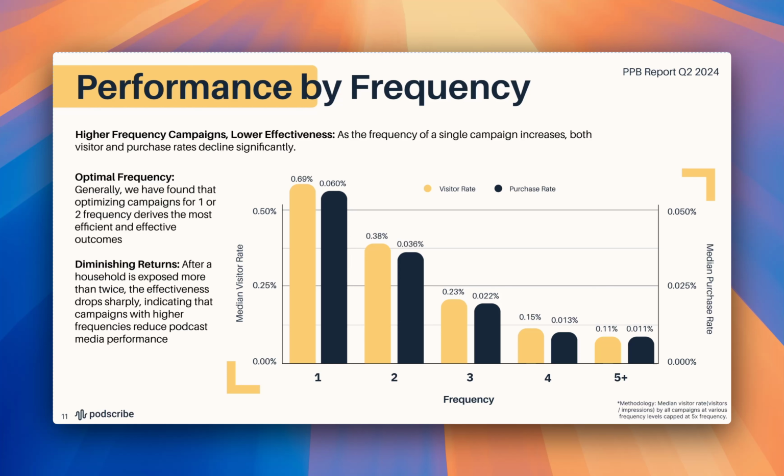You go from a 1 to a 2 frequency for a given campaign, and the results start dropping by almost 50% when you go from 1 to 2, and even further as you go from 2 to 3. You see those diminishing results happen fairly quickly once you hit a 3 frequency.